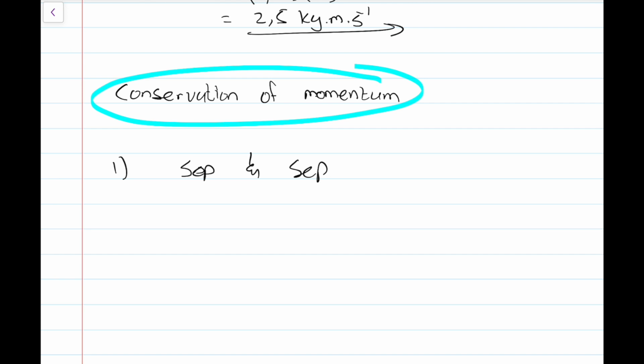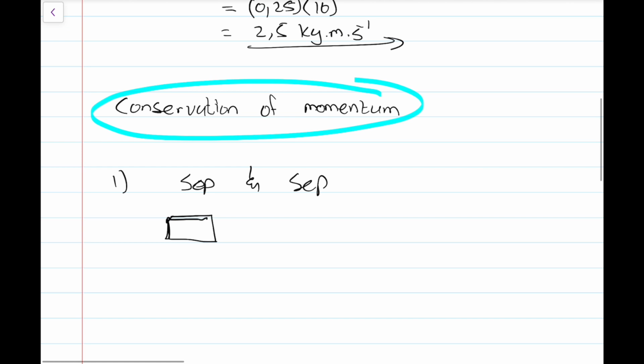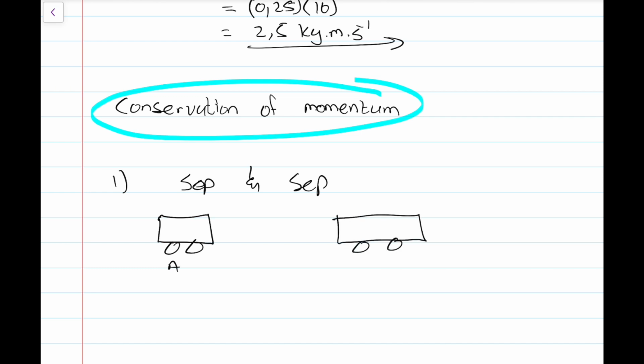When we're talking about separate and separate as a collision, for example, we have a car, and my drawing really is quite bad. We're going to say this is car A, and this is car B, slightly bigger.